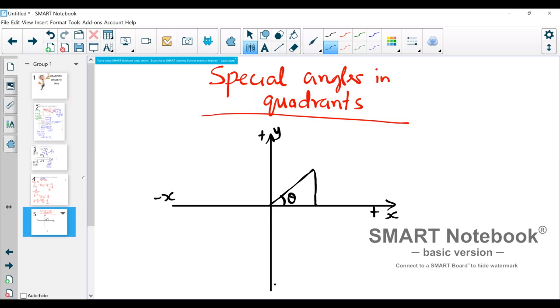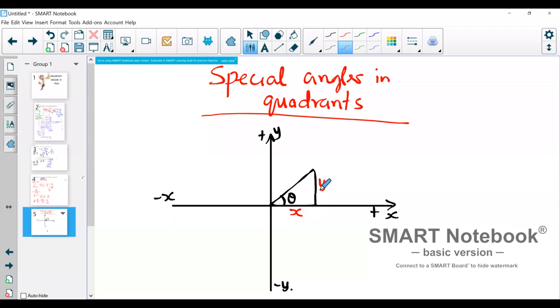Negative X and negative what? Y. All right, please just look at this quickly. I'm going to first combine the whole thing, then split the angles later. All right. So here, I am going to call this an X value because it's on the X axis, right? And this is vertical. I'm going to call it Y.